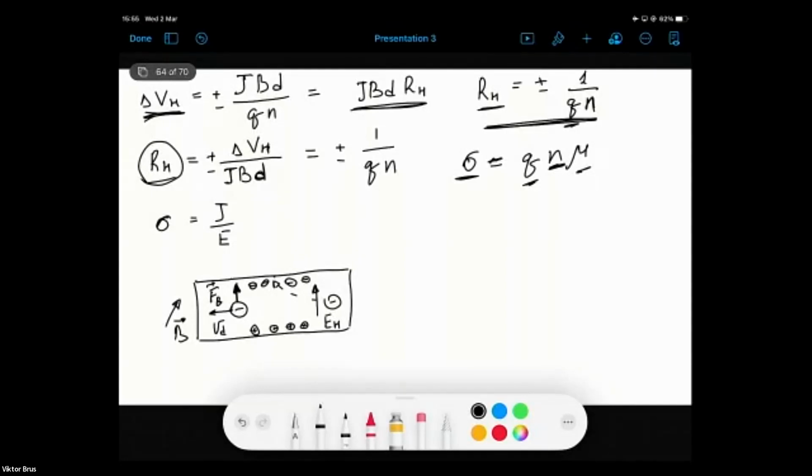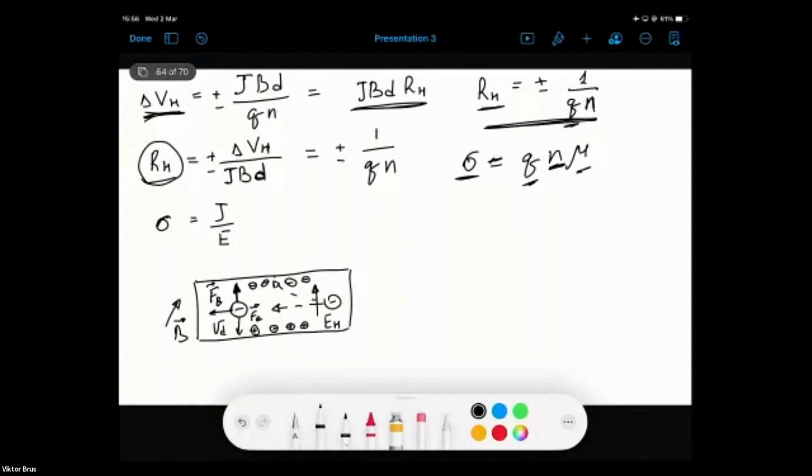So this induced electric field will exert some electric force, Fe, on the charge carrier. And when they balance each other, these charges will not deflect anymore anywhere.